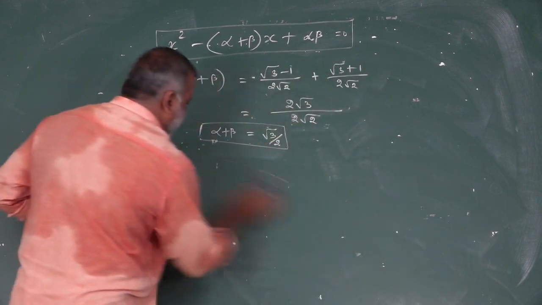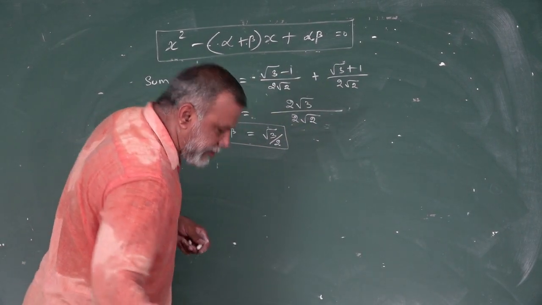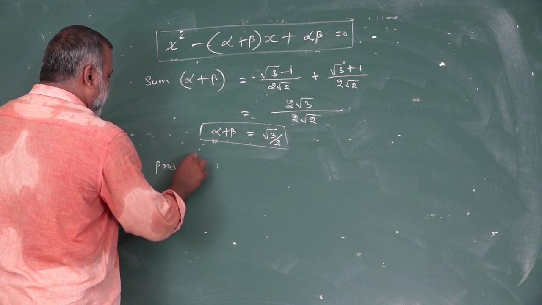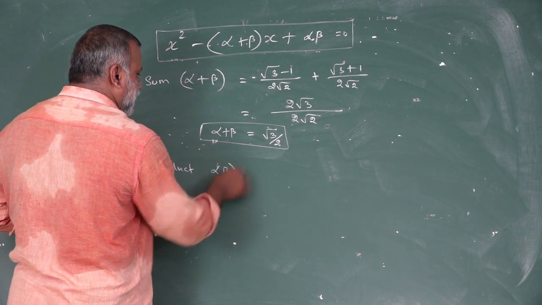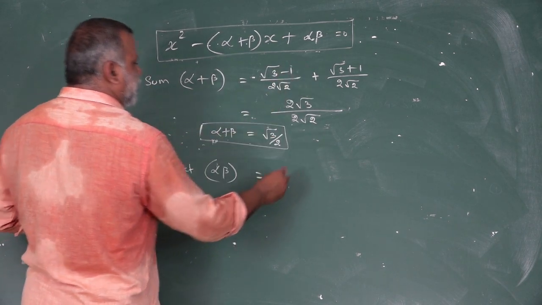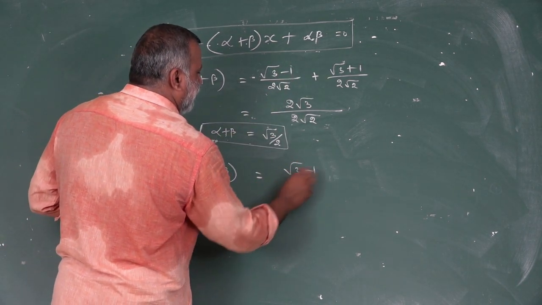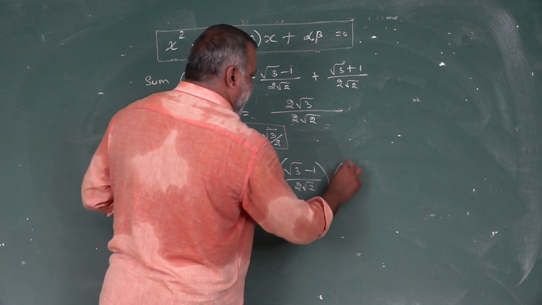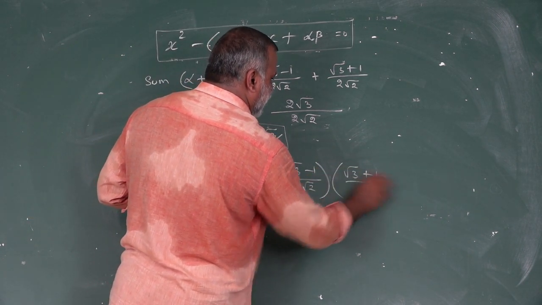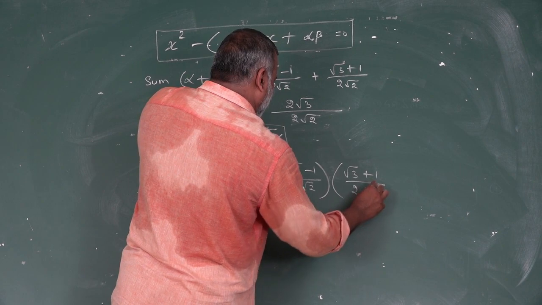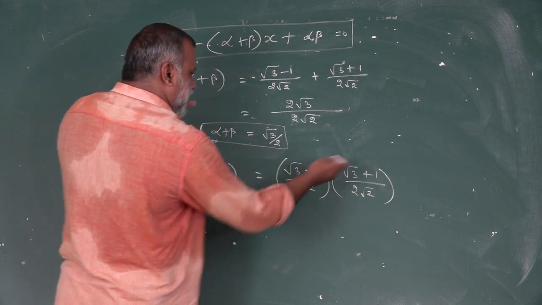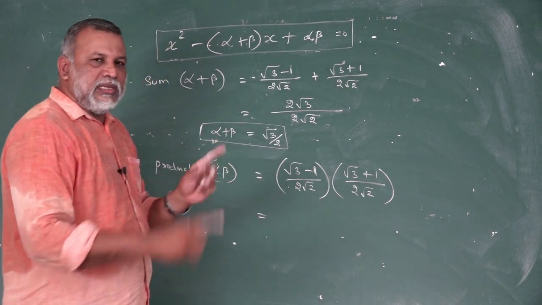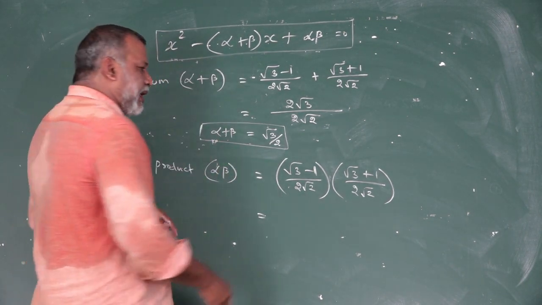Now we are going to work out the product. Product means we need alpha beta, that means multiply the two results: root 3 minus 1 divided by 2 root 2, multiplied with root 3 plus 1 divided by 2 root 2. Now see the numerator. It is in the form of a plus b into a minus b, which gives a squared minus b squared.